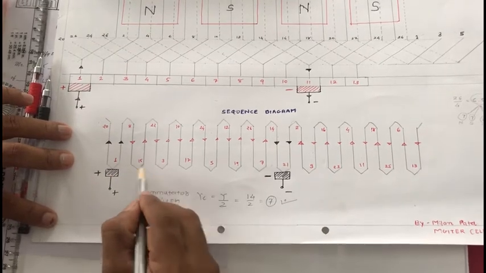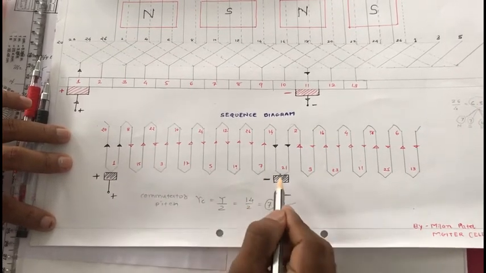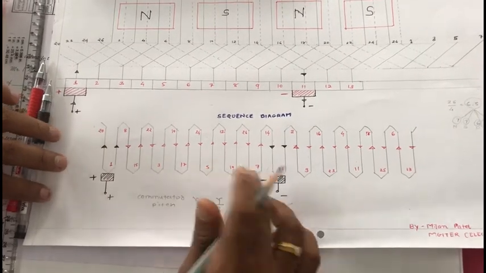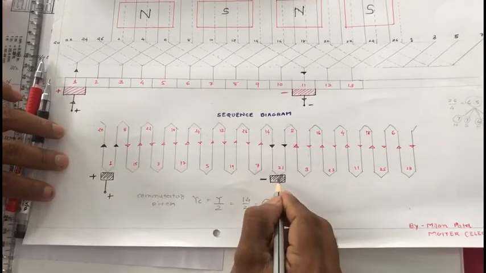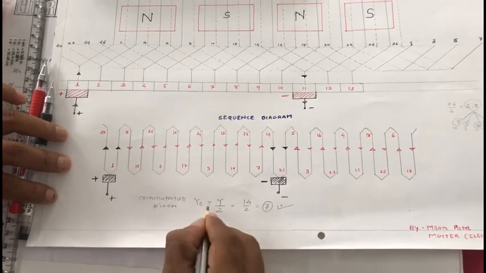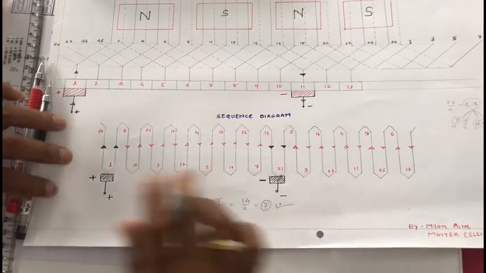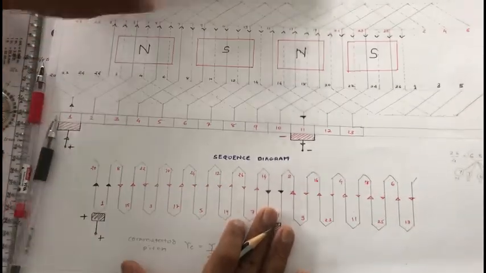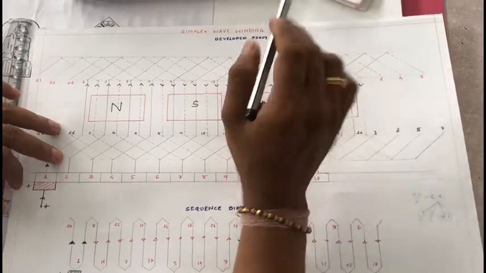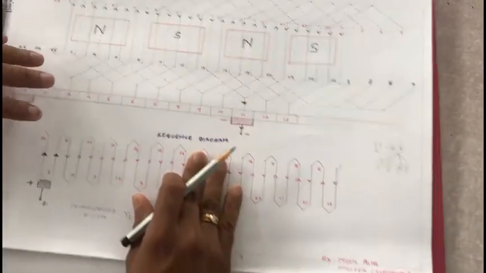So 1, 2, 3, 4, 5, 6, 7. After 7 coils, the next brush is there. So the commutator pitch equation is also satisfied over here. So this is my simplex wave winding, sheet number 3, developed form and sequence diagram.